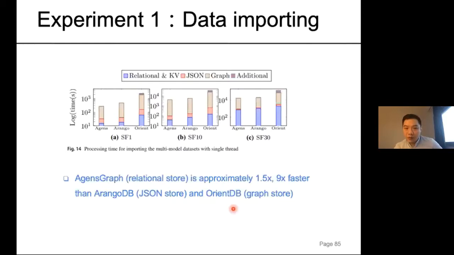And we found that because the AgensGraph uses tables to store all kinds of data, the transformation cost is the lowest.